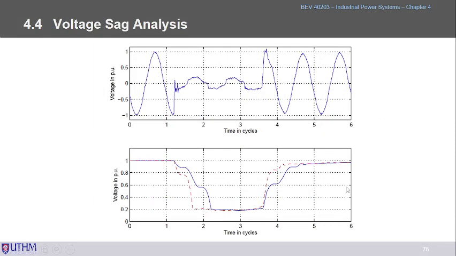Alright, I think that's all for the harmonic contents, and now we jump into voltage sag analysis, or sometimes we call it voltage dip analysis. Voltage dips, as you understand, are reductions of the voltage magnitude below 90%.